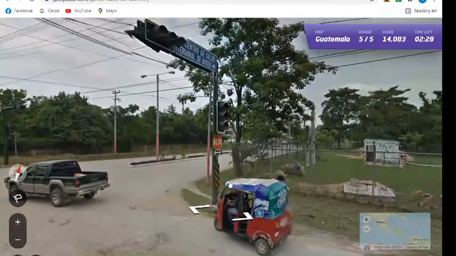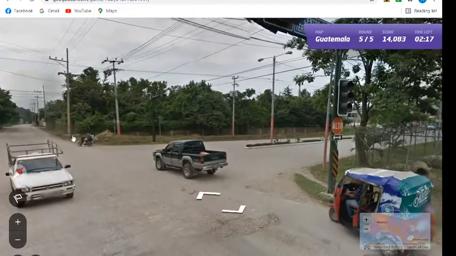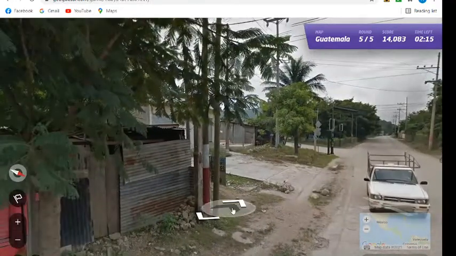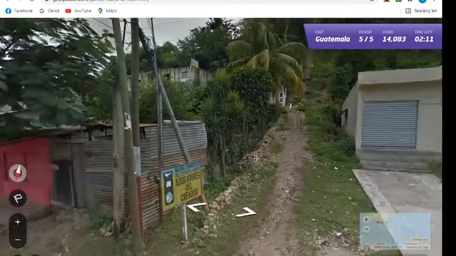I've seen these in multiple locations, and in fact, there's a video that I've seen where they had a bunch of them driving in formation. It was a video put out by a town in Guatemala.